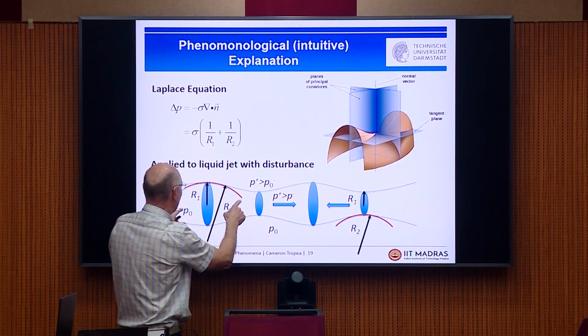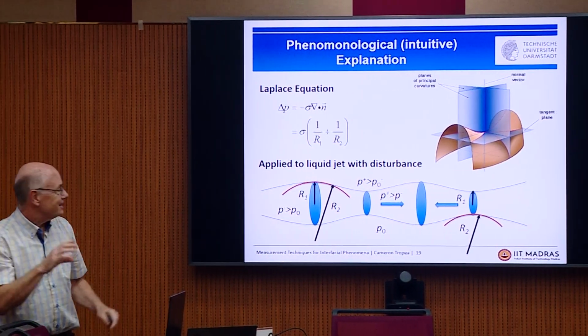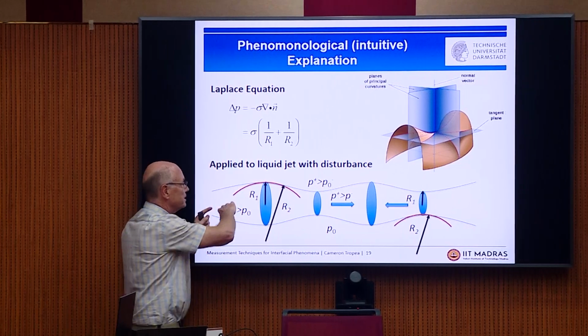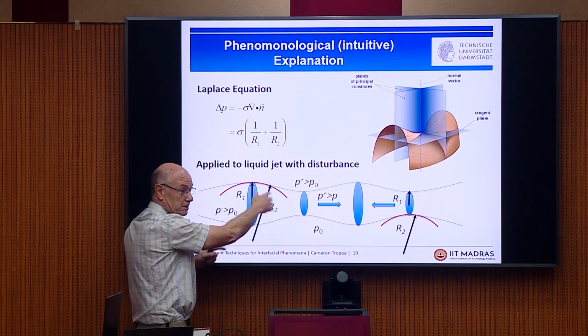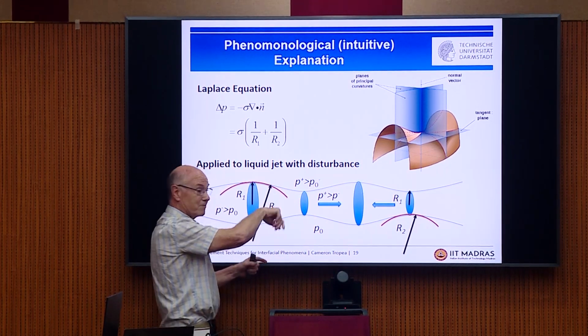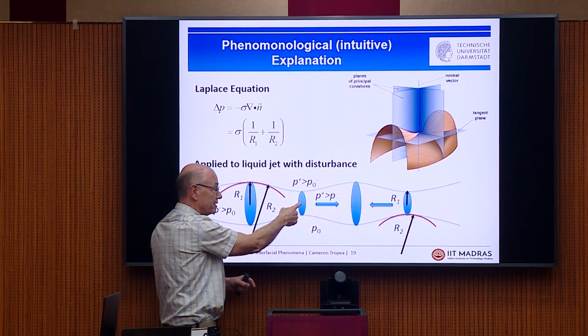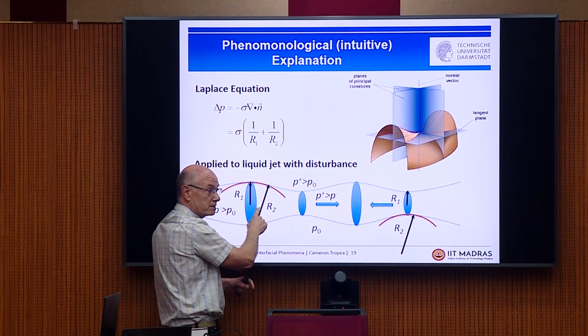And the question is, which one is bigger? And it's very clear. This one here, these are very long radii, so that won't make too much difference. But this becomes, of course, much smaller than this one. So the pressure here is higher than the pressure here.